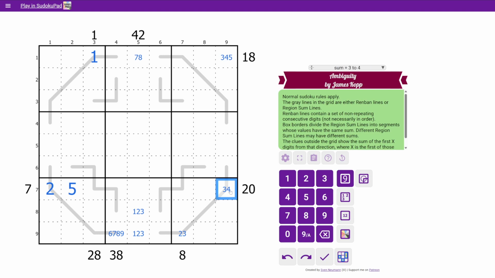If this was a 3, for instance, it would have to have a 9-8 here. Is it intriguing? This one is a little bit, because if this was a 3, it would have to be with a 9-6, because it couldn't be with an 8-7, because then this would have no fill.